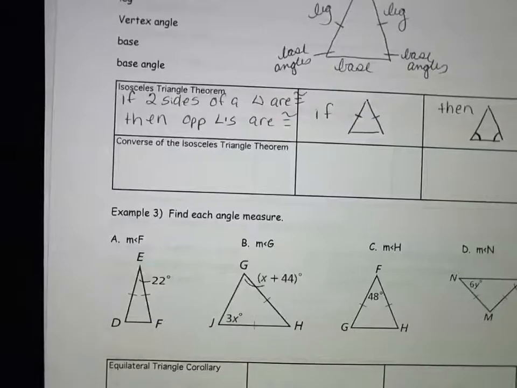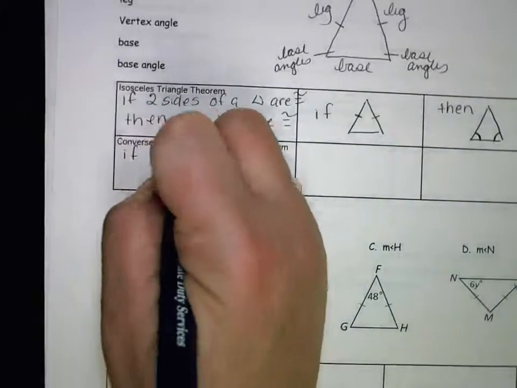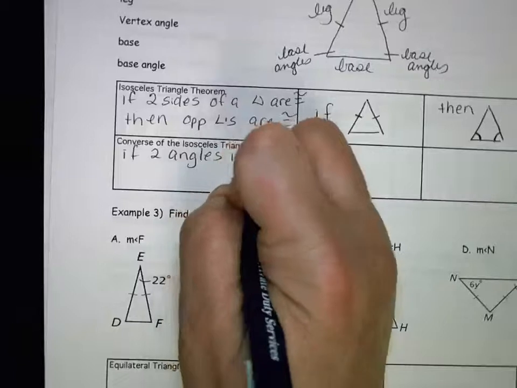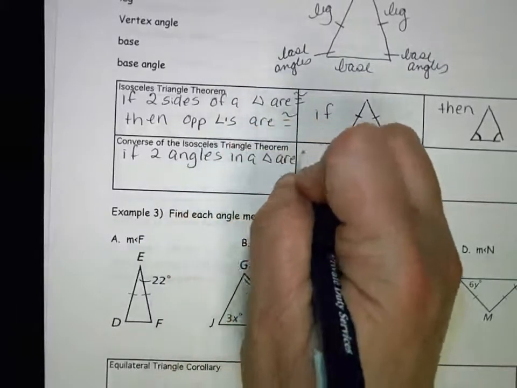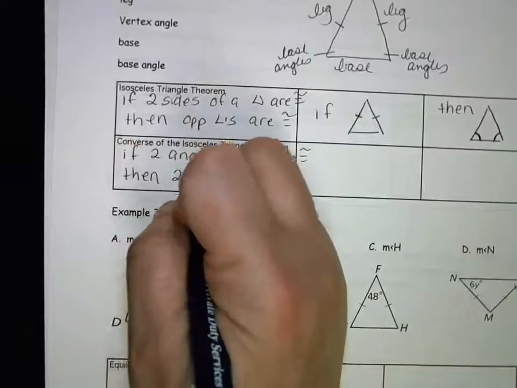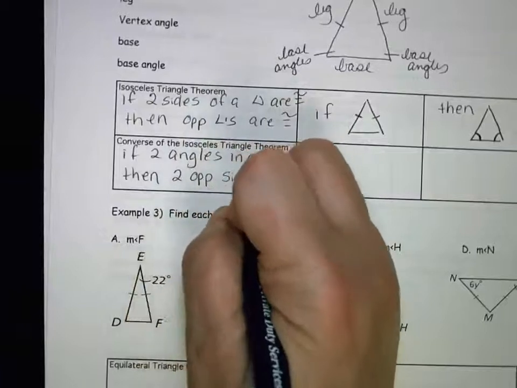And then the converse, or the opposite of that, is true. If two angles in a triangle are congruent, then the two sides, opposite sides, are congruent.